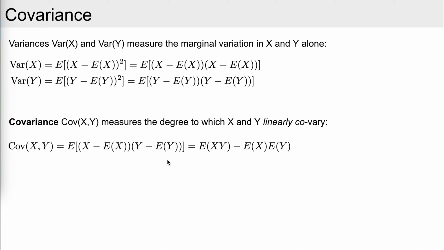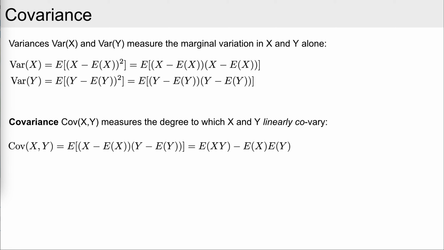Thus, this product captures the relationship between x relative to its mean and y relative to its mean. Equivalently, and typically easier to calculate, the covariance between x and y is the expected value of the product xy minus the product of expected values E(x) and E(y).